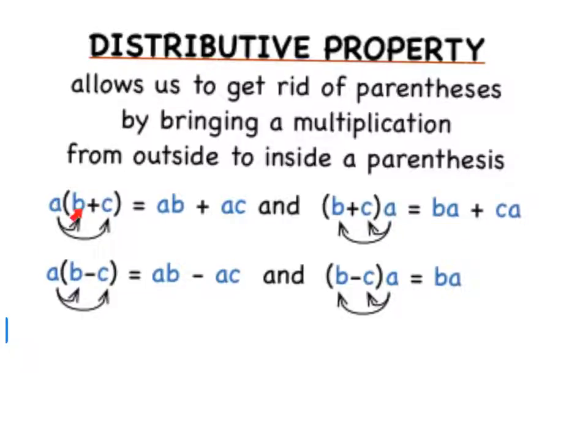So here you can see it's pulling it out of the parentheses. You can do the same with a subtraction problem: a times b minus c, and there you pull them out. Same over here on this side. So they're pulling it out of the parentheses so we can solve the problem.